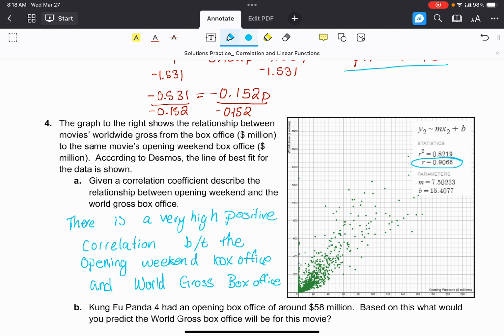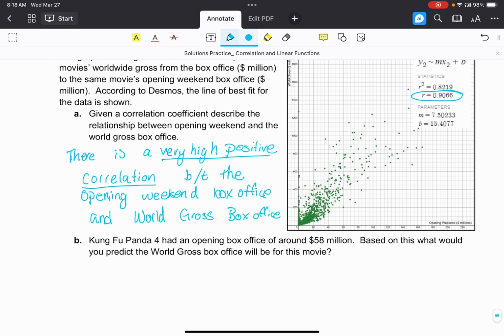And that makes sense. Like, you're sort of like, okay, if you make more in opening weekend, you're going to make more overall. I'm totally okay with that. Seems very logical to me.